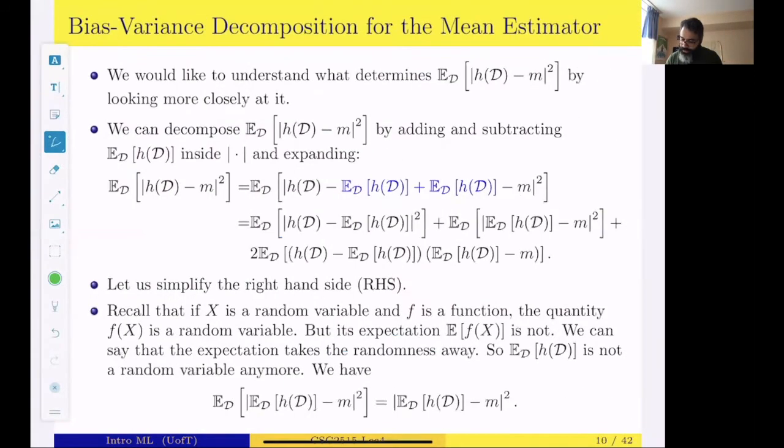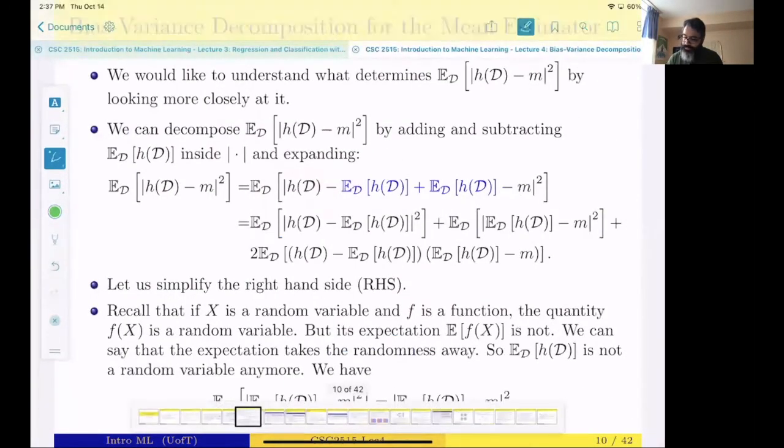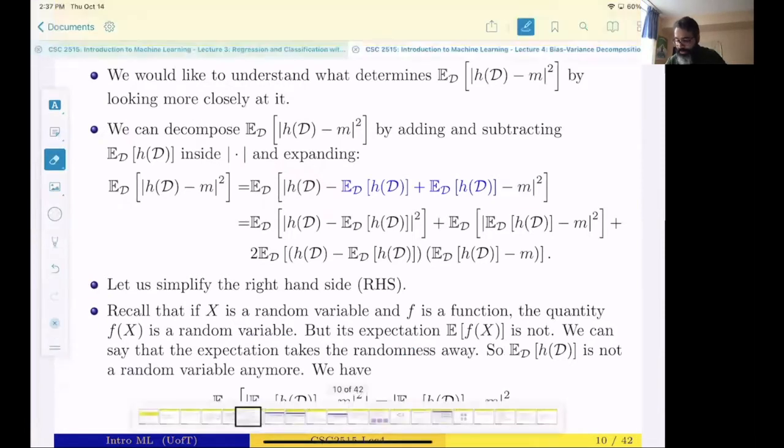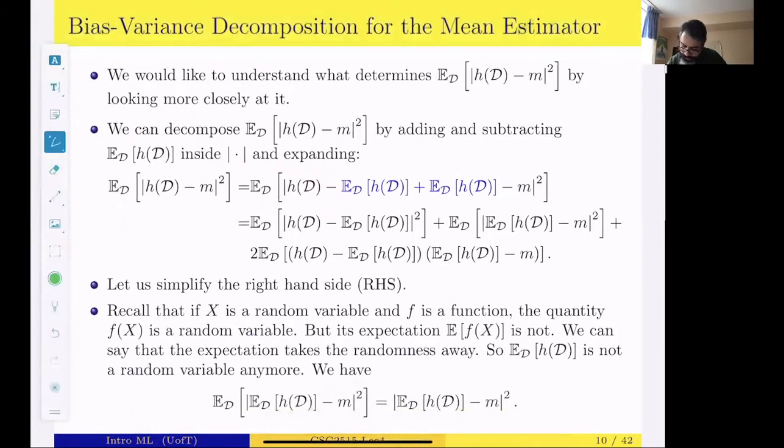Now we want to understand the behavior of this term: the expectation, over the randomness of the data set, of h of D minus m squared, the error function.